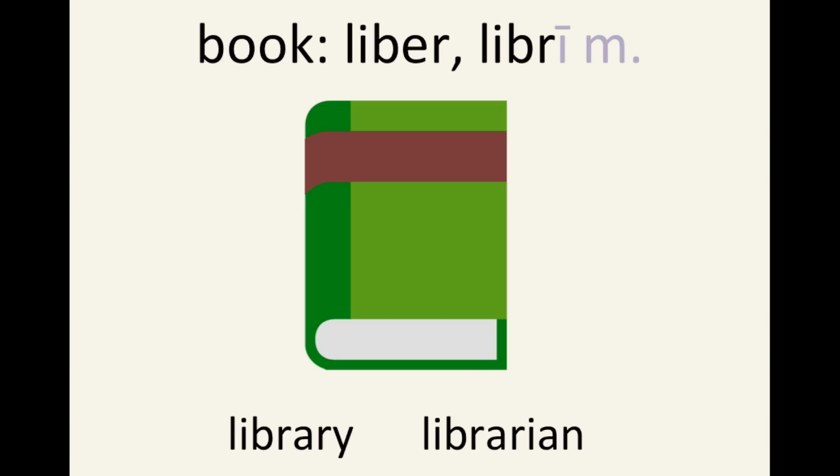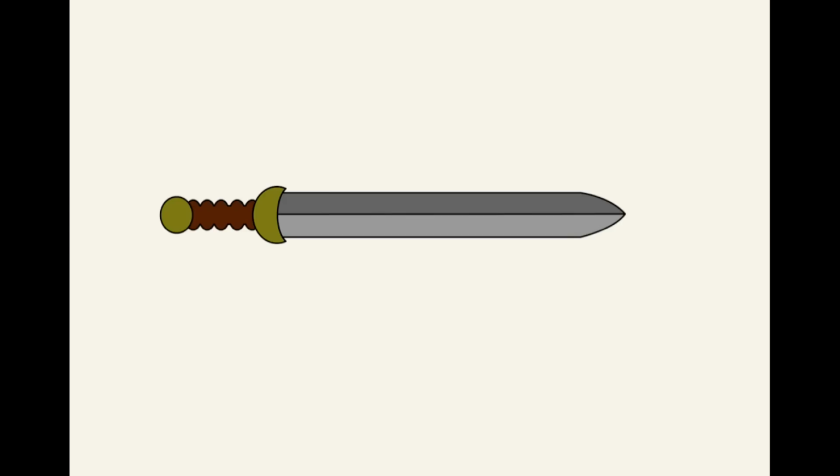So are you ready to do one of your own? Let's have a go. So, any guesses? It's a book. Liber. Right, and the next one? This one's quite hard as we only have one clue.